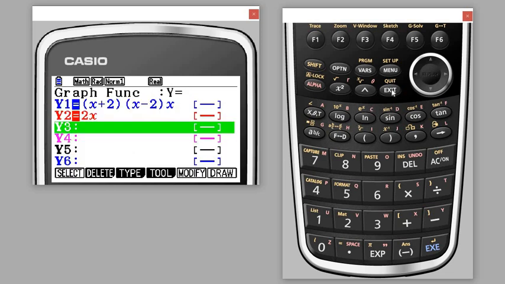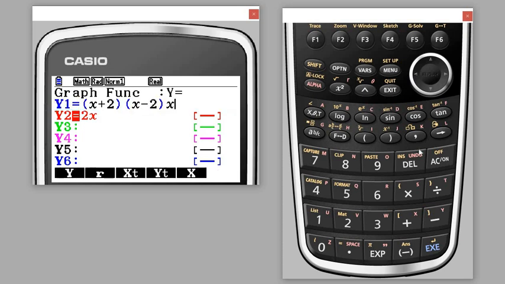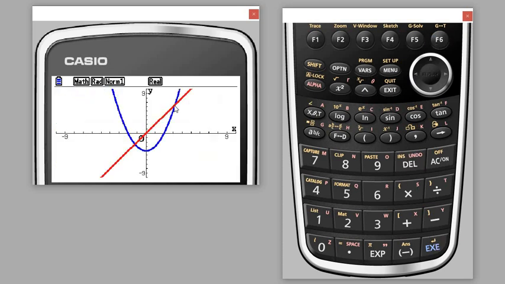Now the other situation we have is the area between two curves. So let's go back up. We're going to change this back into a normal quadratic. Let's say I want to find the area that's now bound by just this straight line and this quadratic here. So I'm going to go into G-solve, go across, and go into integration again.